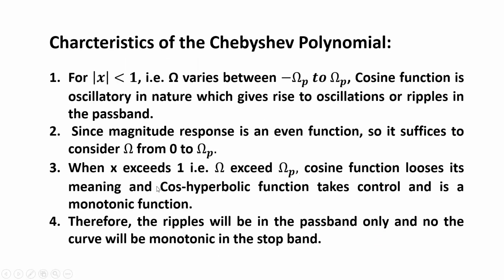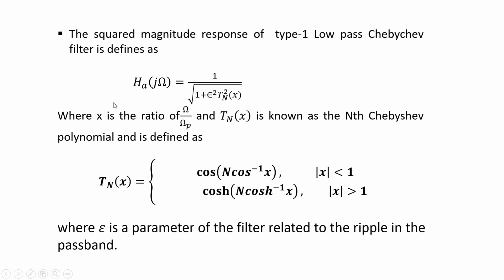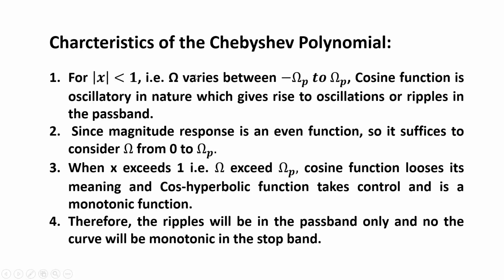Now, let us see the characteristics of the Chebyshev polynomial. It says that for mod x less than 1, as I was trying to explain, capital omega varies between minus capital omega p to capital omega p. Cosine function is oscillatory in nature, which gives rise to oscillations or ripples in the passband. Since the magnitude response is an even function, if you take the mod of this function, it will be an even function.